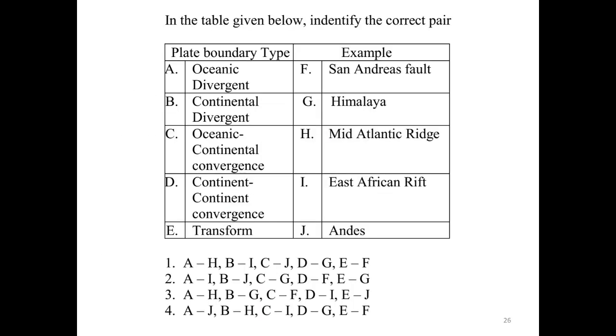In the table below, identify the correct pair. Plate boundary type, example. Before going into details, let me tell you, I have made a video on the Wilson cycle. Go through that video. You should learn the table given at the end of the Wilson cycle, at what stages, what process, and what are the examples.